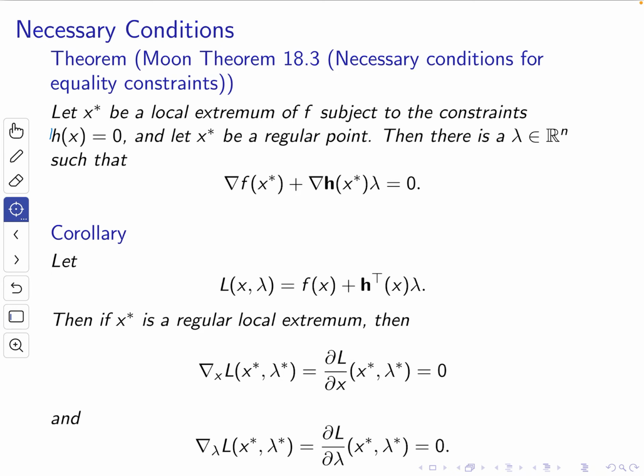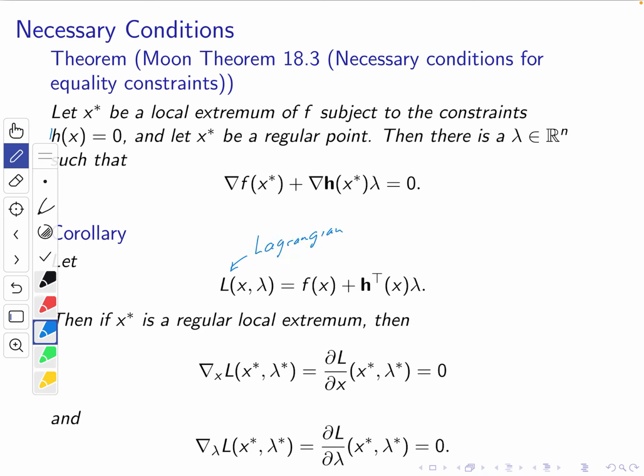And a corollary is that if you define this new function, which we're going to call the Lagrangian, where we have f and then we add h transpose times lambda.